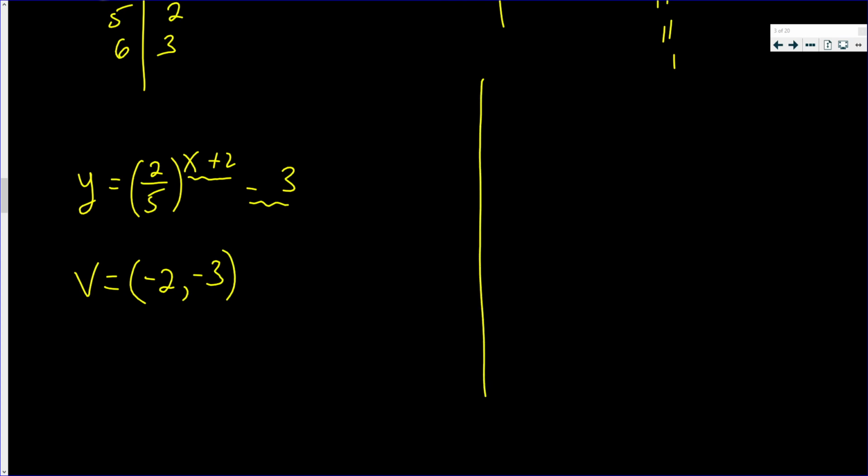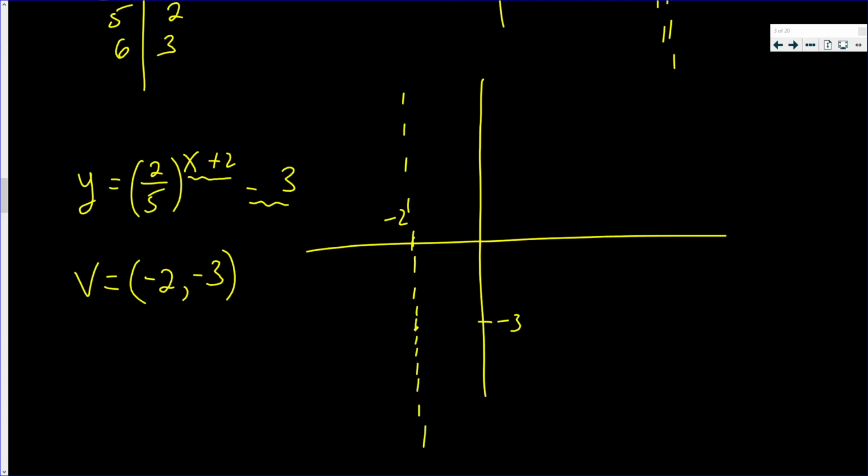Okay, so I go to that point, negative 2, negative 3. And when it comes to graphing my exponential graph, I'm going to make believe that these are the original axes, x, y. Of course, I don't label them x and y.